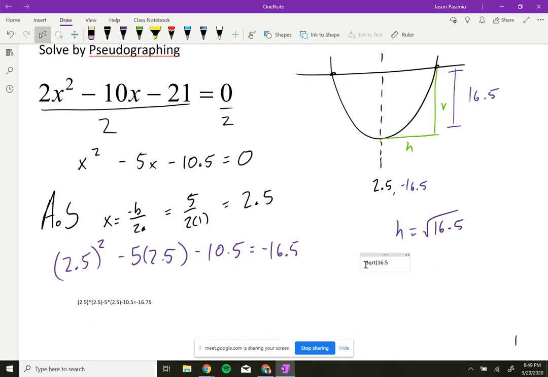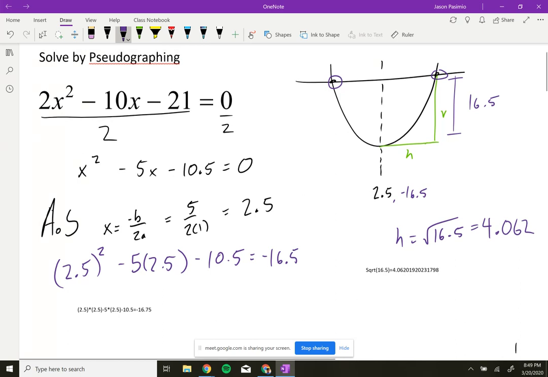SQRT 16.5 is equal to, hey, that worked. But not a fun number. Not a fun number, but for today we'll say 4.062. So now I know that my two answers are right here and right here.